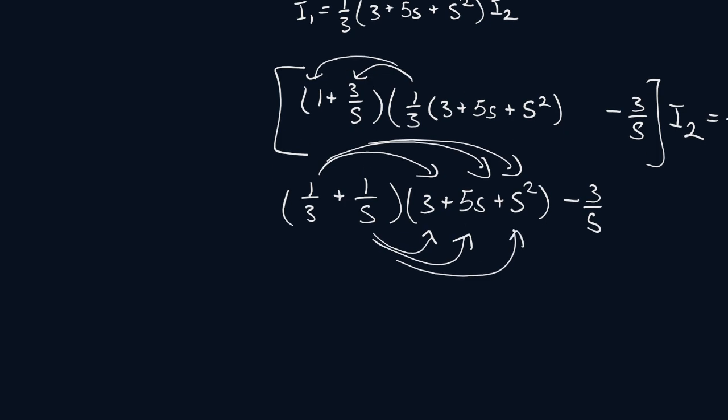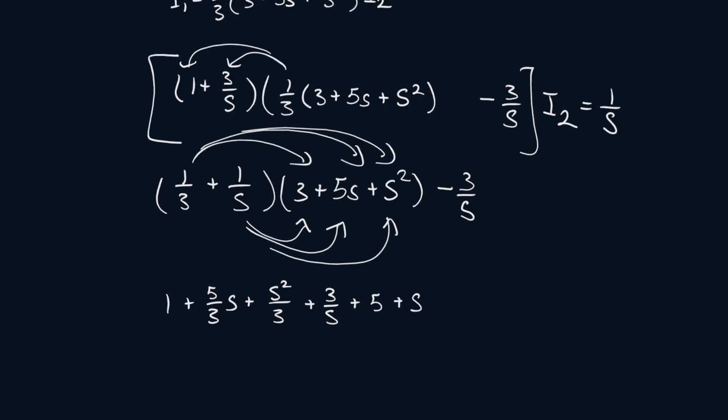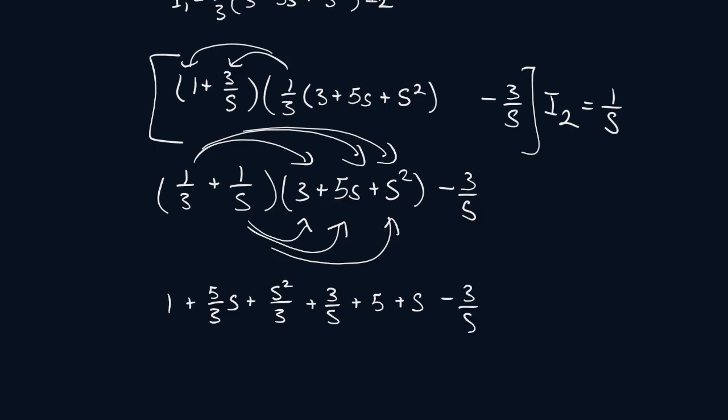So that's just 1 plus 5 over 3S plus S squared over 3 plus 3 over S plus 5S over S, so that's just 5 plus S minus 3 over S. So this and this cancels each other out.